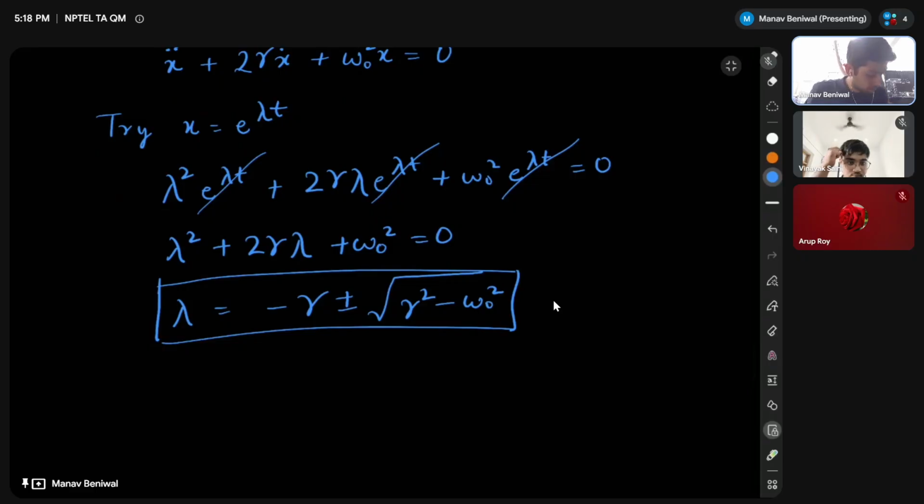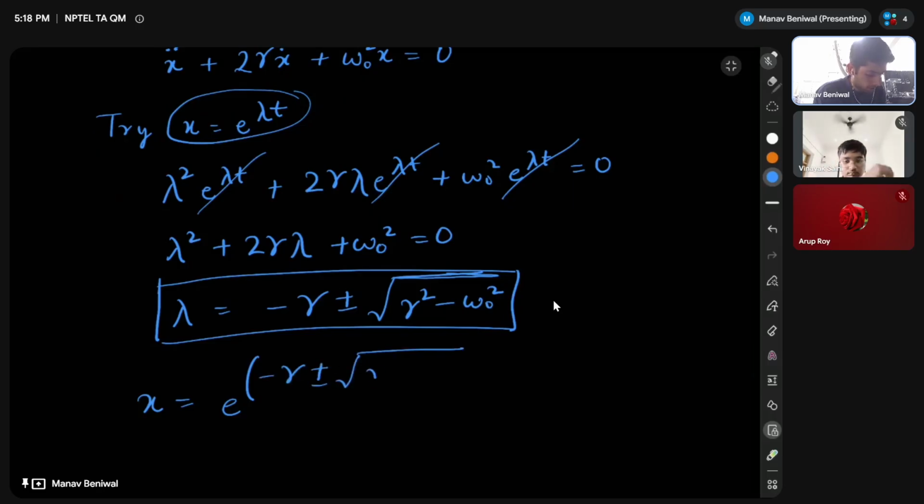If I put this back into my equation, I can write my x as e to the power, with this lambda, which is minus gamma plus minus under root gamma squared minus omega naught squared, times t.